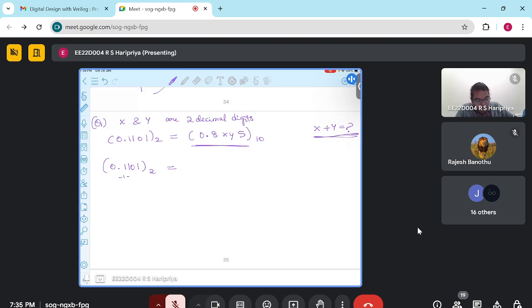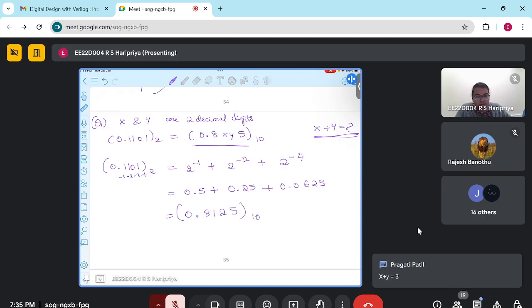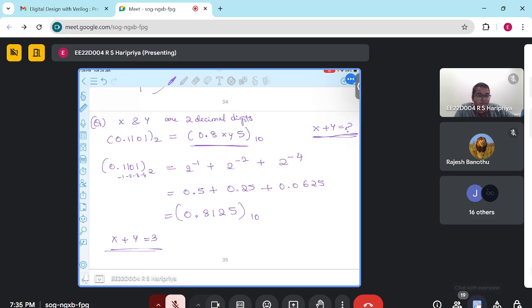This is minus 1, minus 2, minus 3, minus 4. So 2 to the power minus 1 plus 2 to the power minus 2 plus minus 4. So it is 0.5 plus 0.25 plus 0.0625. So the answer is 8.125 in the decimal equivalent. So x plus y is 3. Yes, x plus y is 3, correct.